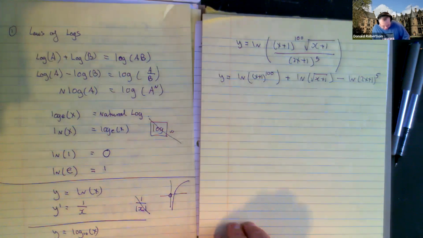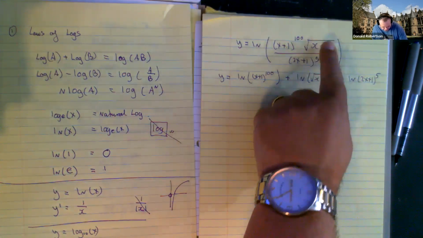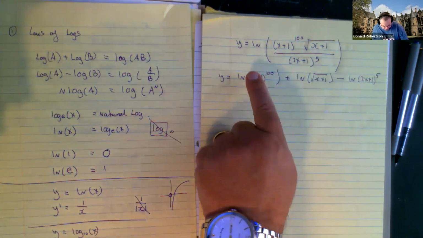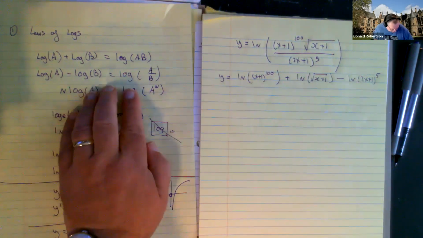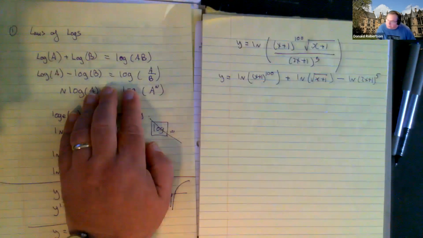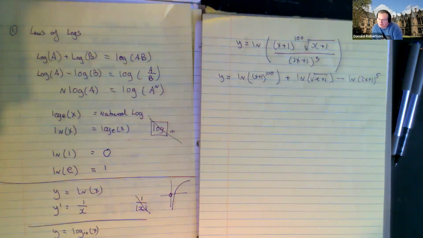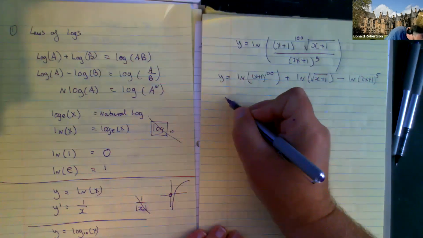Are we comfortable about this guy times this guy divided by that becomes this log plus this log, take away that log? I'm basically using these rules, right? Are you comfortable with the algebra I just did there? Now, that's nicer, isn't it? That's a lot nicer as far as differentiation goes, but we can do better.